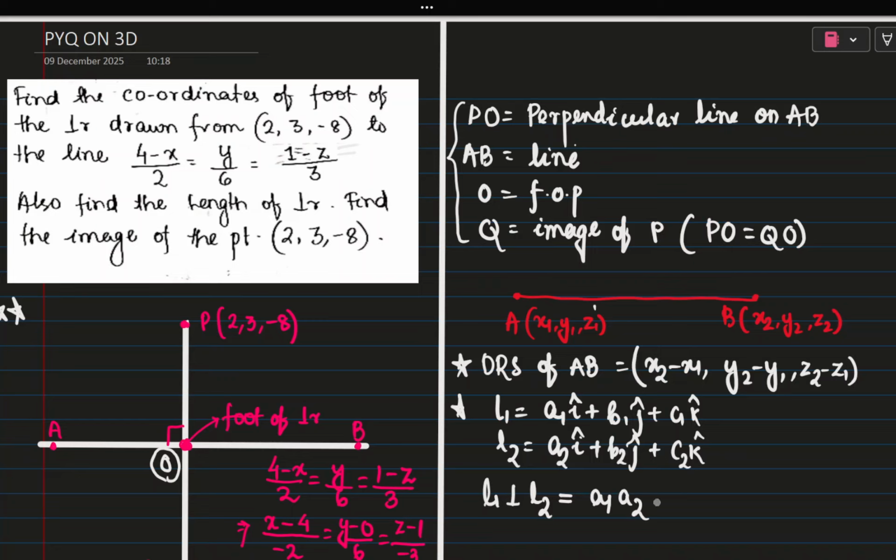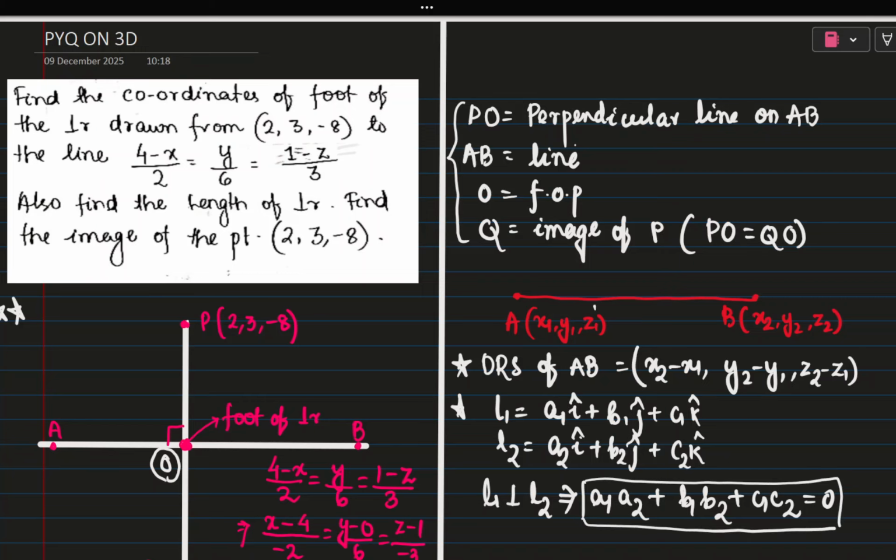The dot product will be 0. So it will be a1a2 + b1b2 + c1c2 = 0. These are the basic fundamentals you need to know before solving this question, because if you get these things, then it is very easy for us to understand. And what is the general form of a line? (x - x1)/a = (y - y1)/b = (z - z1)/c.